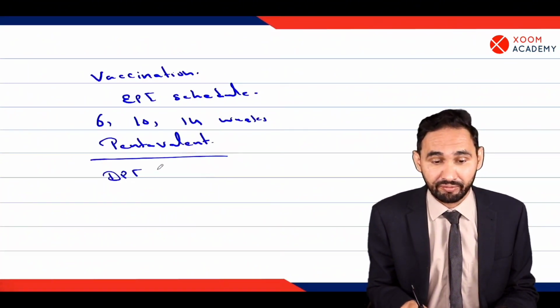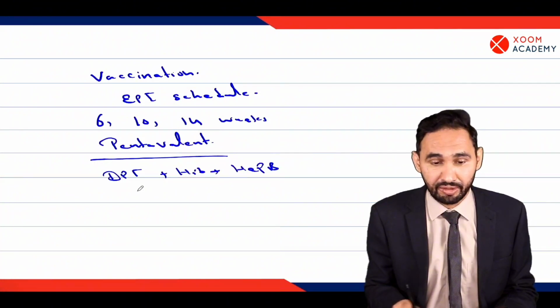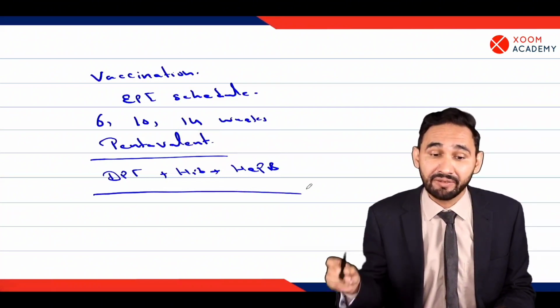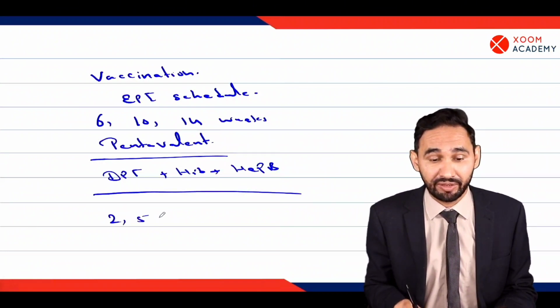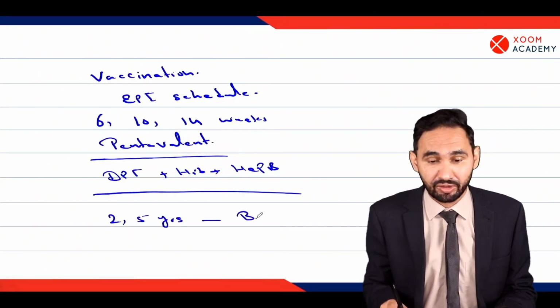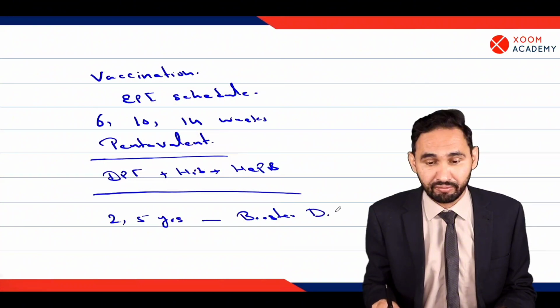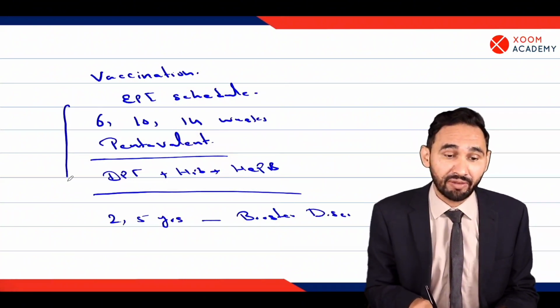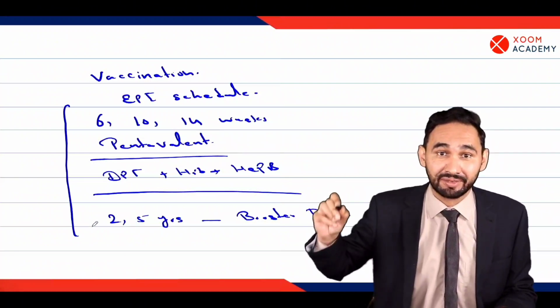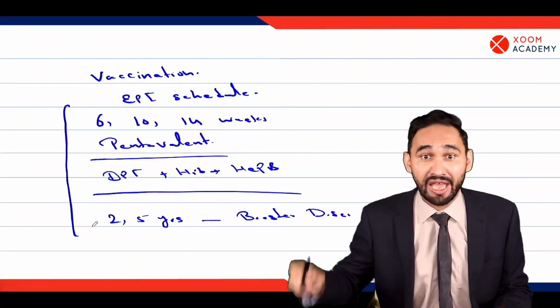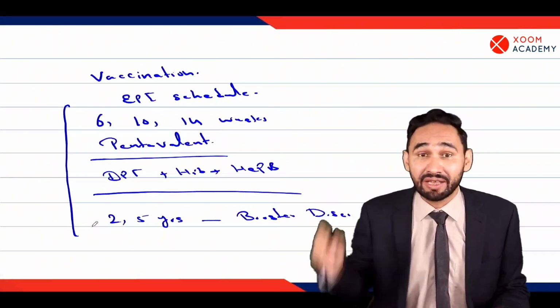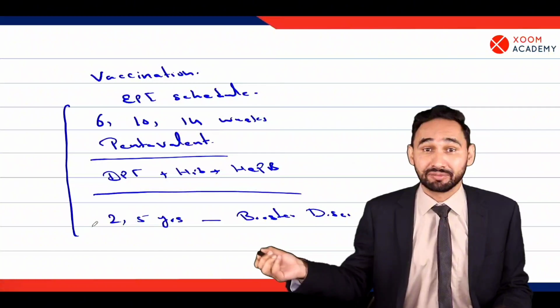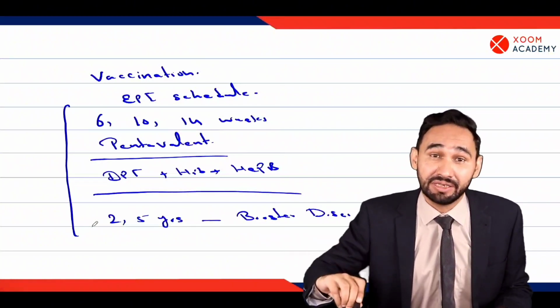DPT component plus Haemophilus influenzae plus hepatitis B. A booster dose is given at the age of 2 years and 5 years. This is routine immunization of every child, but it can be given at any age. Anyone who is susceptible, or who had diphtheria in the past, can be given diphtheria vaccine, either single or in the form of pentavalent or DPT.